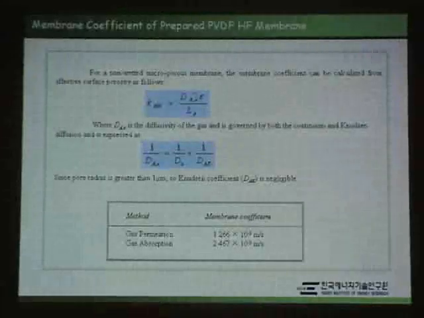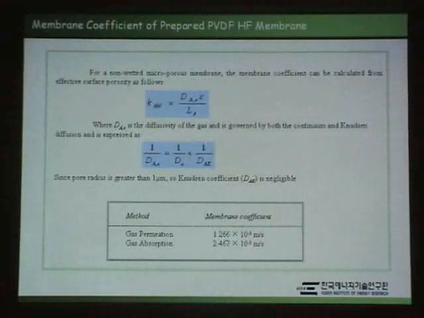Now, the membrane coefficient of the prepared PVDF membrane was determined using the gas permeation method as well as using the experimental absorption method. For a non-wetted membrane, the membrane coefficient can be calculated from the gas permeation data. Here dA, this is the diffusivity of gas, multiplied by the effective surface porosity.